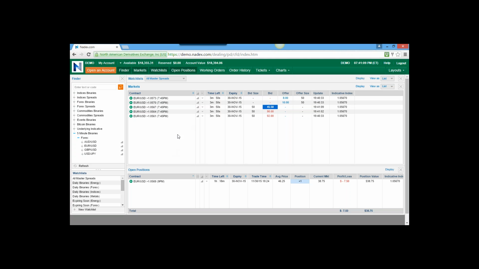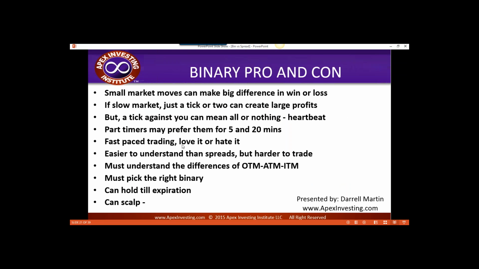I can do it again, boom. 5 minutes later, boom, boom, boom, boom. So that is another positive about binaries: they're fast-paced trading. Some people love that, some people hate that, but sometimes part-timers love it. They can trade in the mornings or evenings. We even have people that trade on their lunch breaks at work, and the 5-minute or 20-minute binaries during the day is something they love to do.